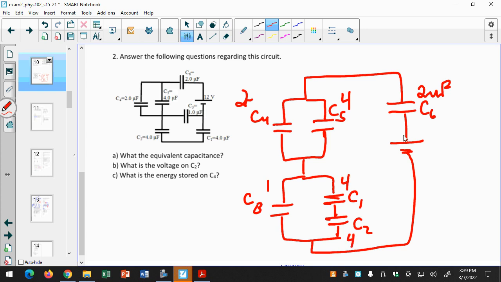So this is going to be what? 6 is right. They're in parallel, so I just add them up, 2 plus 4. Here I have a 4 and 4 in series. 1 over a quarter plus a quarter is equal to a half. 1 over a half is equal to 2. And then I have 1. So I have a 2, 6, and 3.